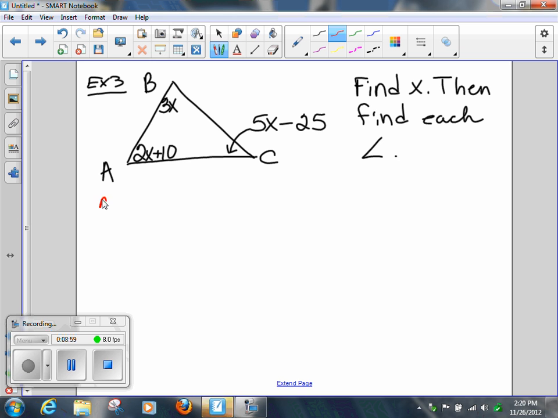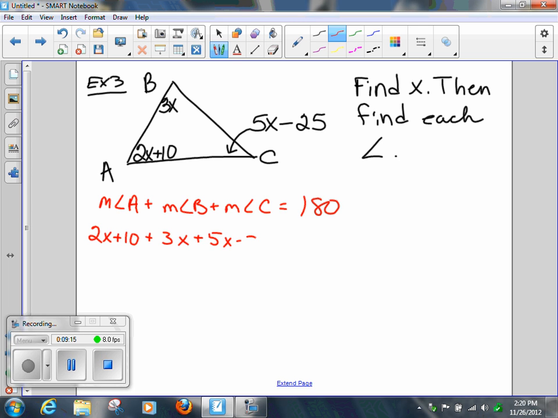Hold up. Measure of angle A plus measure of angle B plus measure of angle C is equal to who? 180. All right, one more time, Colleen, go. Oh, 2x plus 10 plus 3x plus 5x minus 25. Minus 25, that's right. What do I do now, Cody?